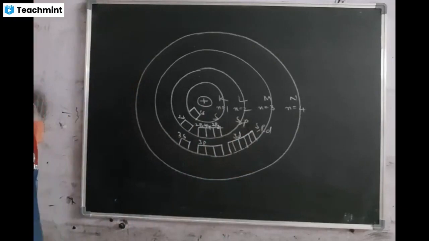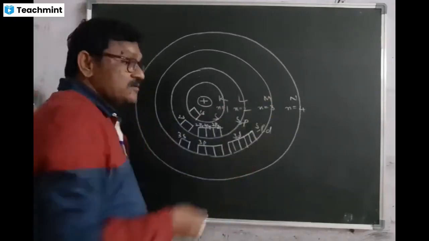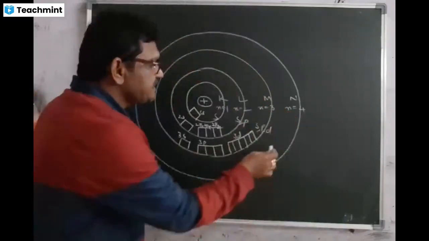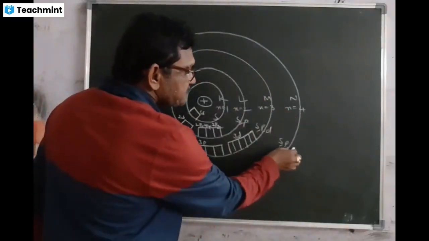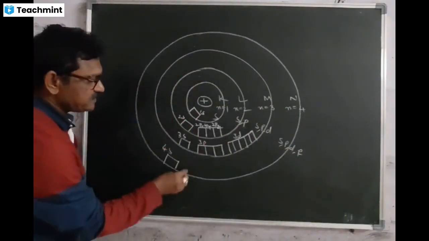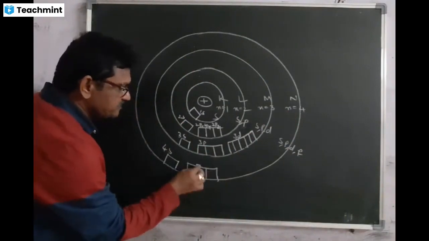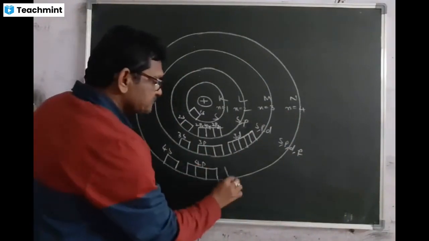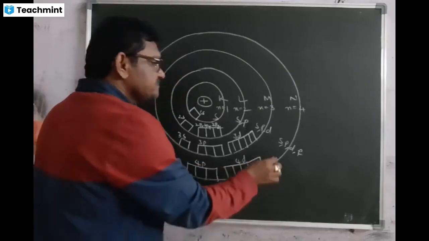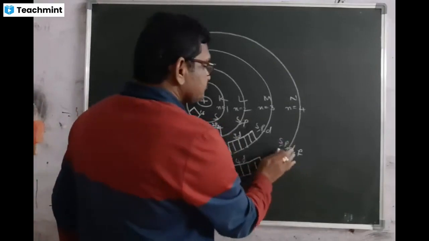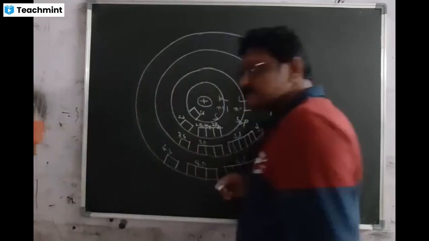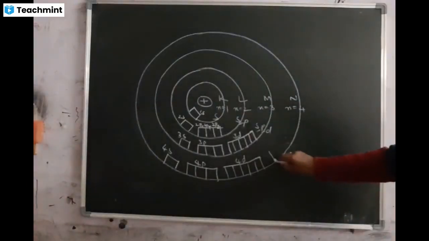Okay. Then in the fourth shell, how many subshells? 4 subshells. s, p, d, f. So I write here s subshell, p subshell, d subshell, f subshell. See, this is the 4s subshell. For the p subshell, 1, 2, 3, this is the 4p subshell. For the d subshell, 1, 2, 3, 4, 5, this is the 4d subshell. The f subshell contains how many orbitals?